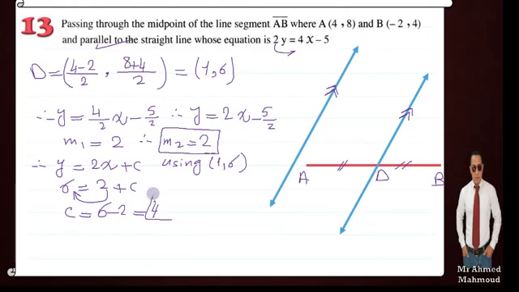Here I have c, and before I had m. Therefore the equation is y equals 2x plus 4.